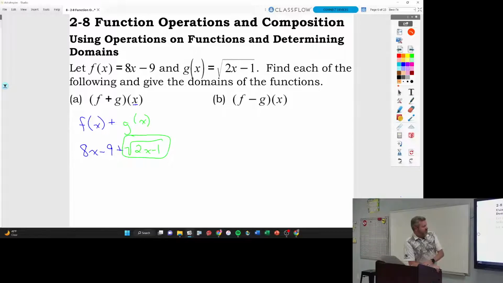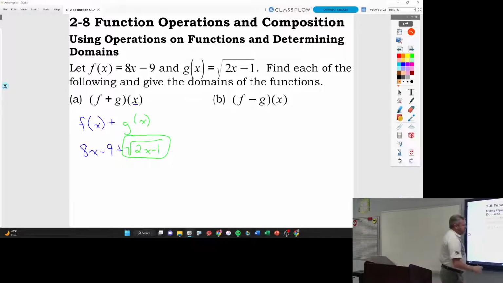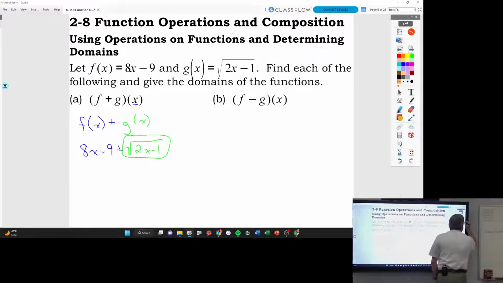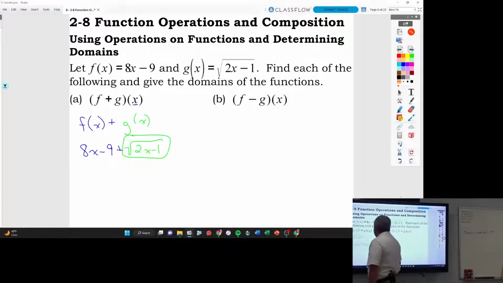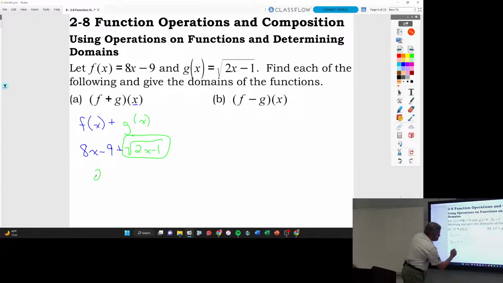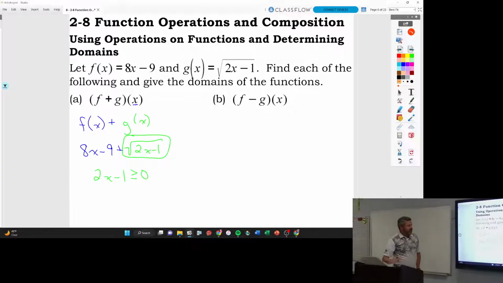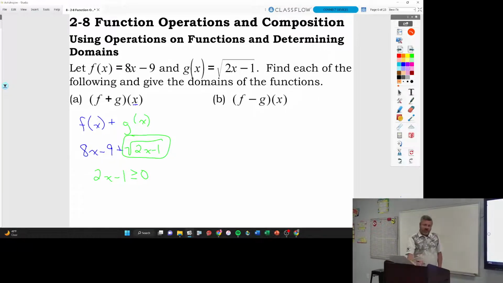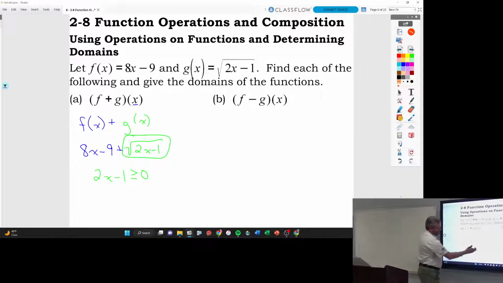And that's because with real numbers, you cannot take the square root of a negative number. So because that's the case here, I know that 2x minus 1 cannot be a negative number. So what I'm saying is 2x minus 1 must be greater than or equal to 0. Because if it's less than 0, it's a negative, and we can't take the square root of a negative number. So we'll solve this inequality here by adding 1 to both sides.